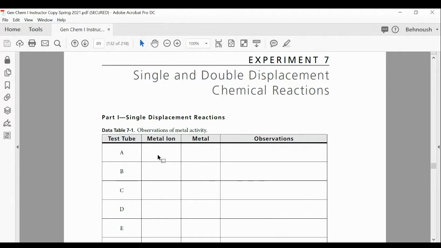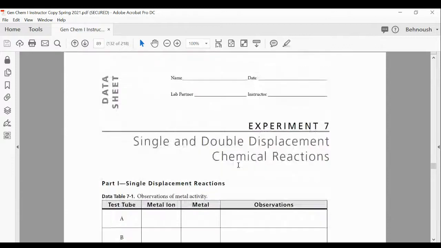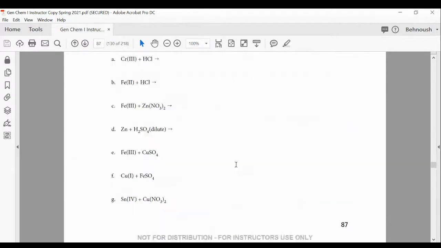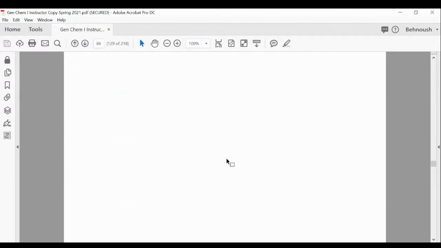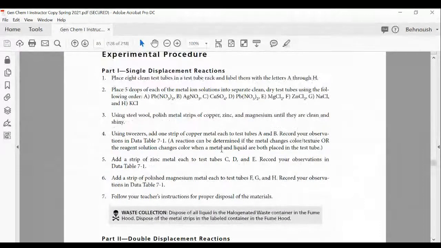Metal ion is the ion that is coming from the compound. So for test tube A, you go back to the procedure. In test tube A, you have Pb(NO3)2, so you have lead nitrate.